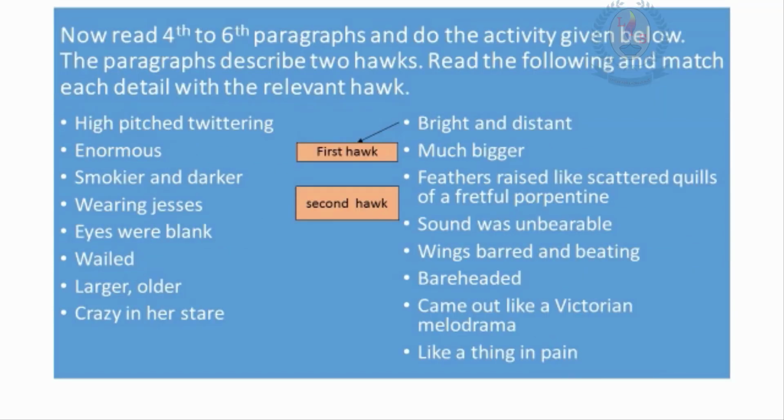Here is another activity for you to do. Paragraphs 4, 5 and 6 give us detail about the 2 hawks the writer saw. Match these details with the relevant hawk.